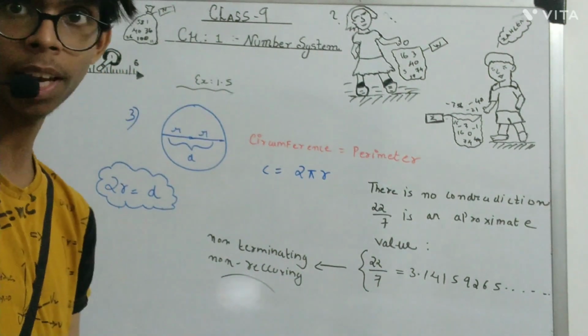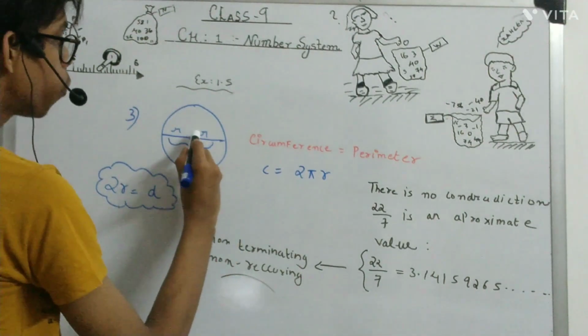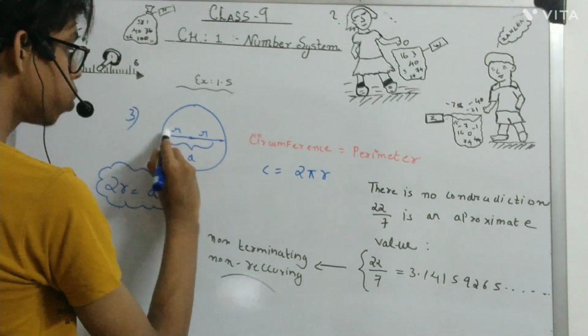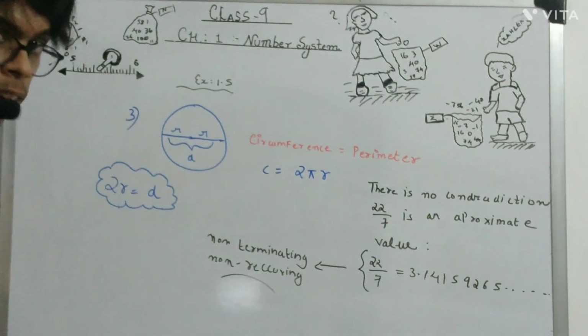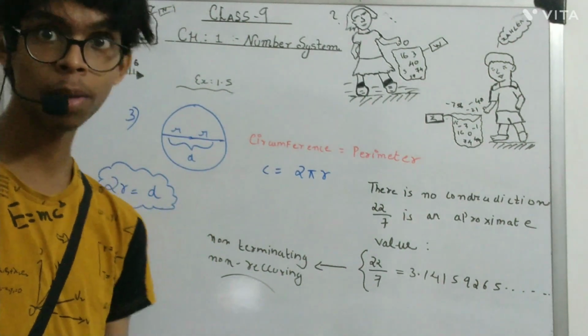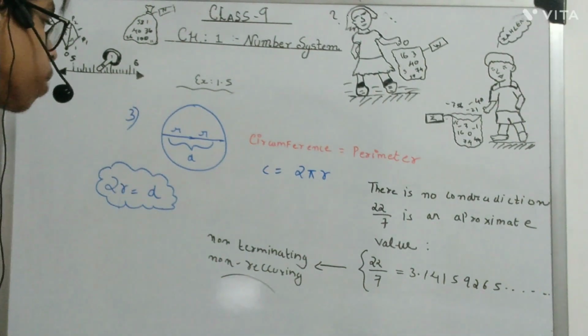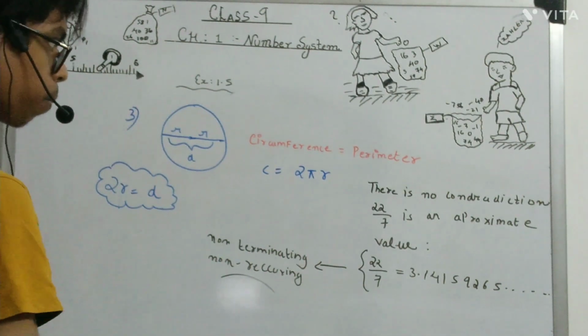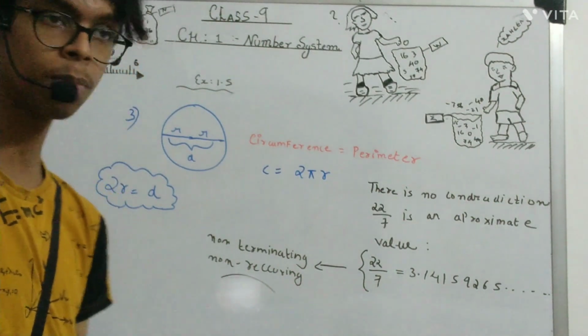There can be infinitely many radii drawn in a circle, and one full distance, from here to here, is 2 times the radius. We can call that the diameter of the circle. So from here we can write 2 times radius is equal to diameter. Then also, I hope you know what circumference means.